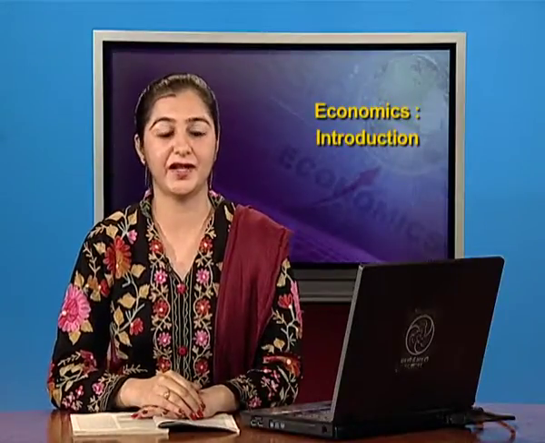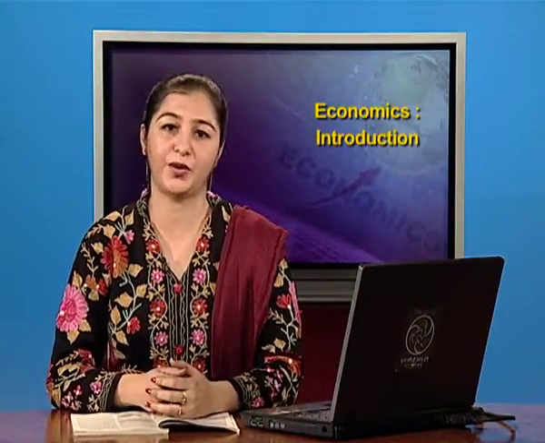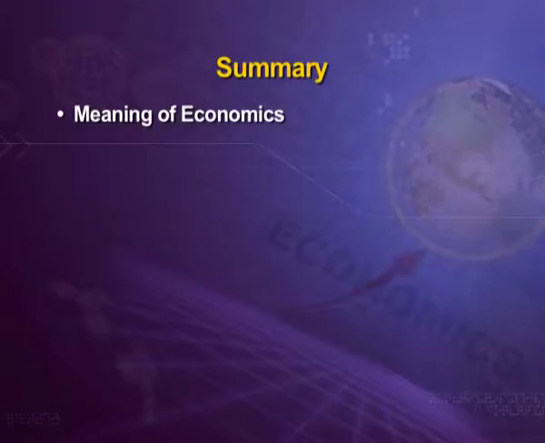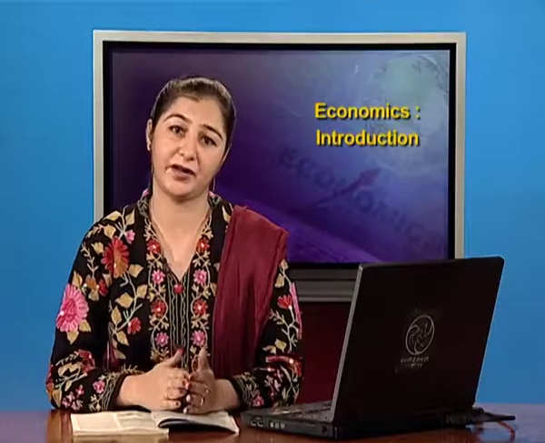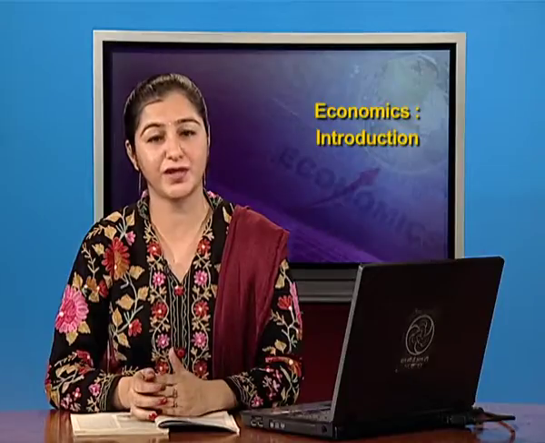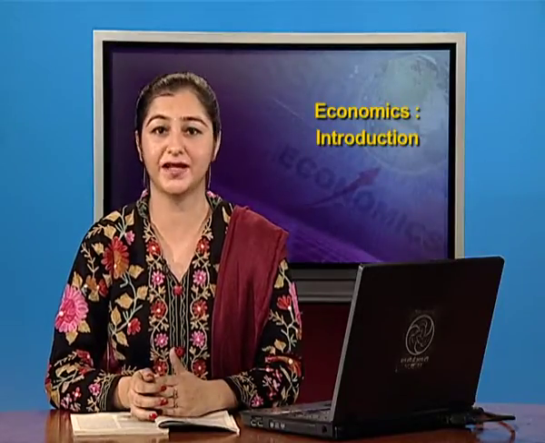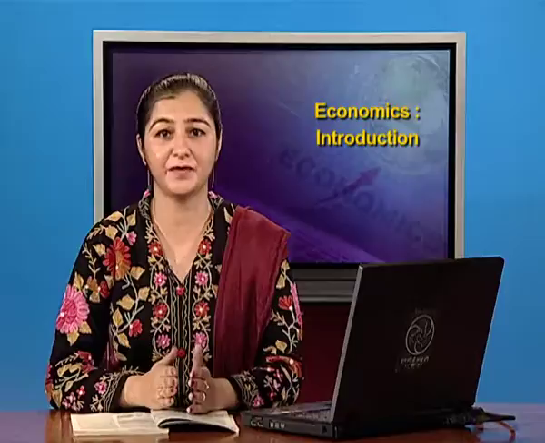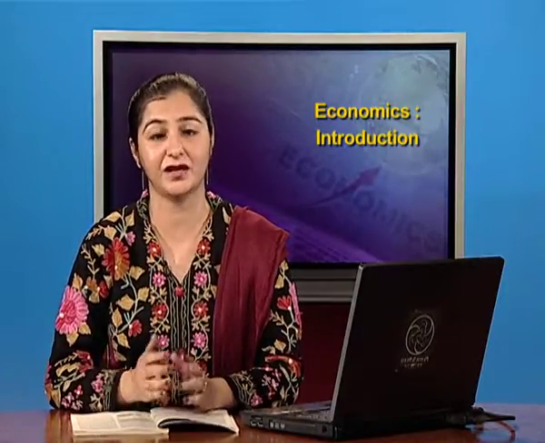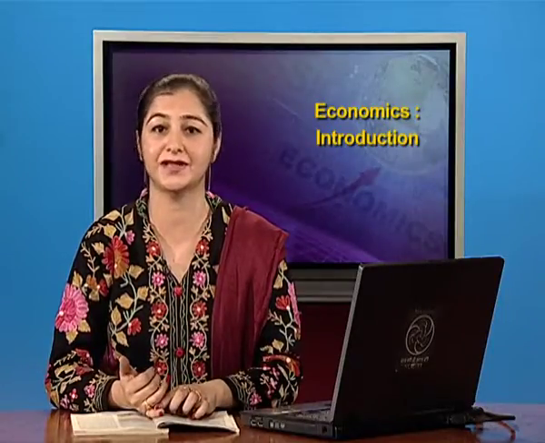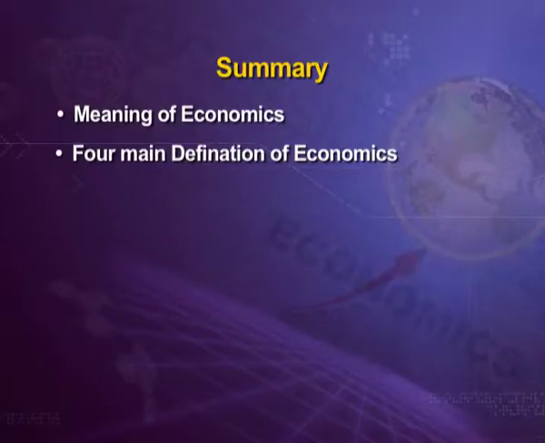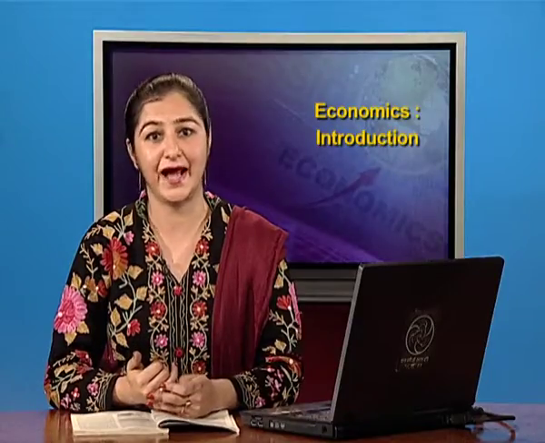So, in a nutshell, we can revise all the topics which we have already done. We talked about the meaning of economics, which is the study of mankind in which unlimited wants can be satisfied by using limited resources, having alternative uses, so that they can satisfy consumers as well as producers in the society. Then we talked about four main definitions of economics given by Marshall and Adam Smith.